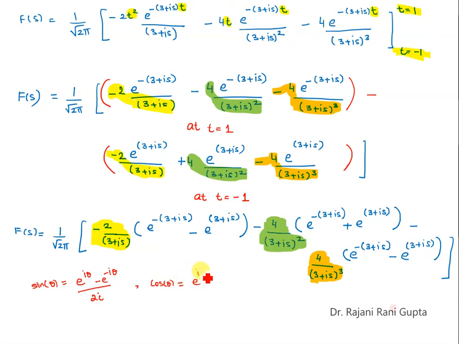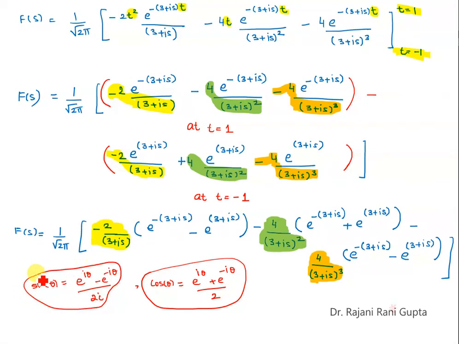This is e power iota theta plus e power minus iota theta over 2. So I want you to make use of these rules so that you can represent the given Fourier transform of the function in terms of sine and cosine. So it can be used over here, here and here. Okay, that's it.